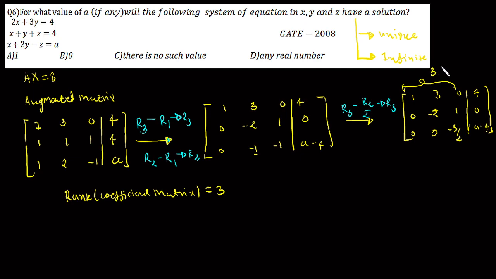It has an order of 3 cross 3. That means it has full rank, and if the matrix has full rank, then there is a unique solution. So the rank of this coefficient matrix is 3. Now let's also find the rank of the augmented matrix.